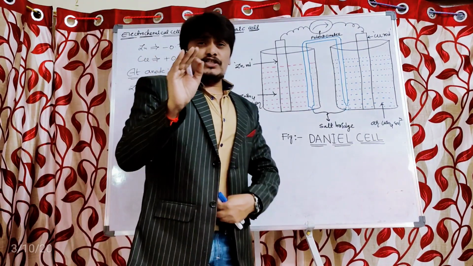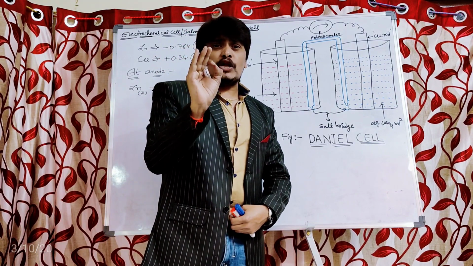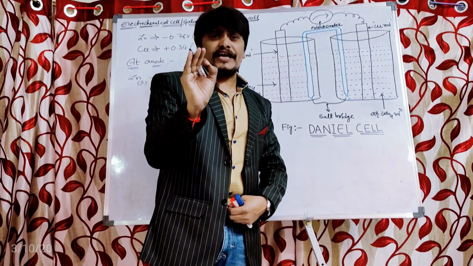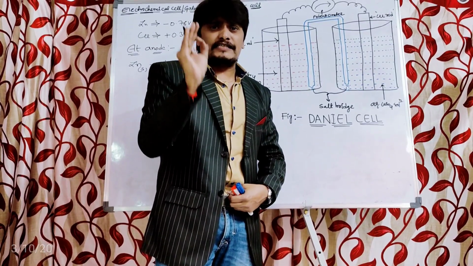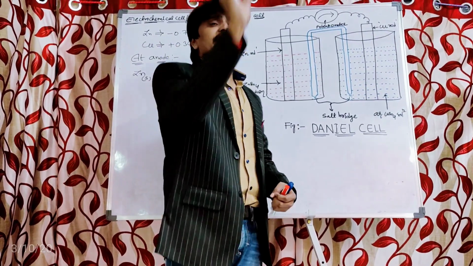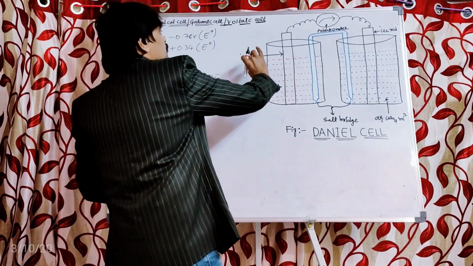Now the 2 electrons which have been lost by the zinc upon oxidation are pushed by the zinc rod into the external circuit.